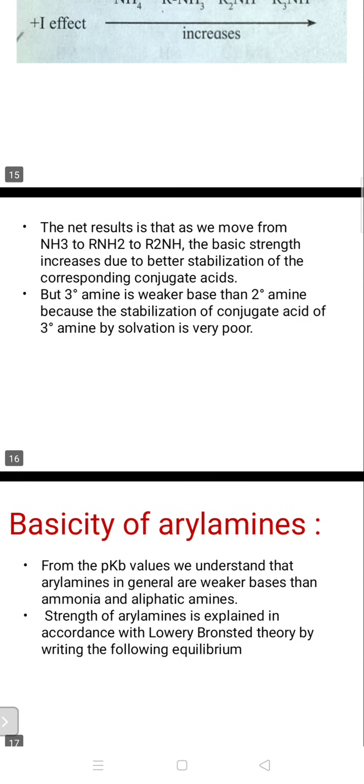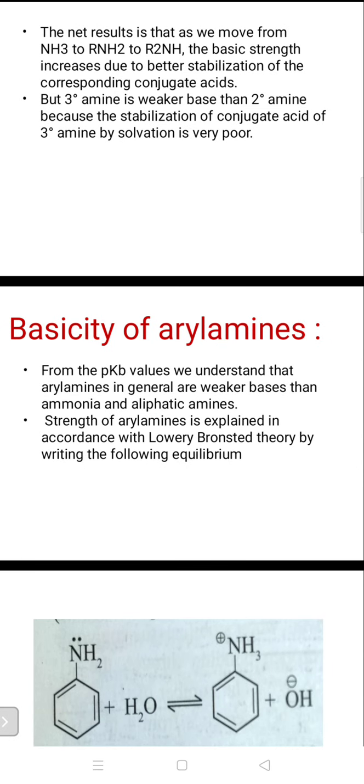Now, in the same way, I want to explain the aromatic amines, or aryl amines as per the title. From the pKb value table we can understand that aromatic amines in general are weaker bases than ammonia and aliphatic amines.